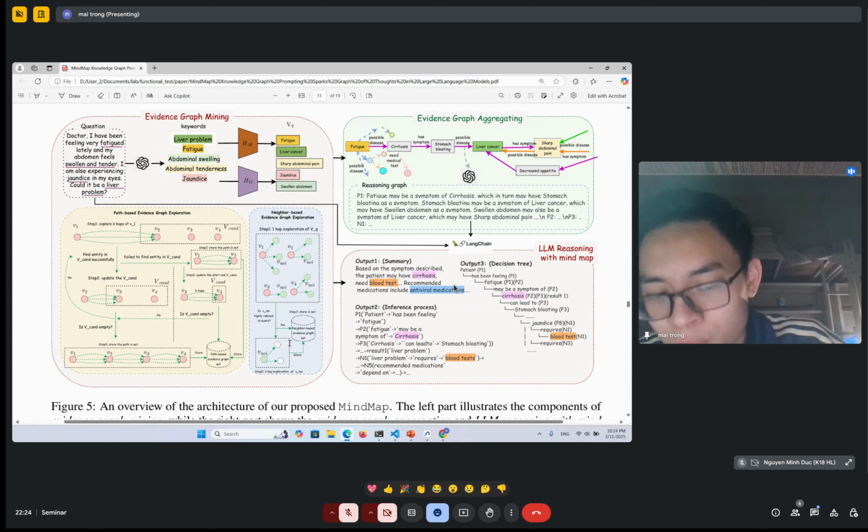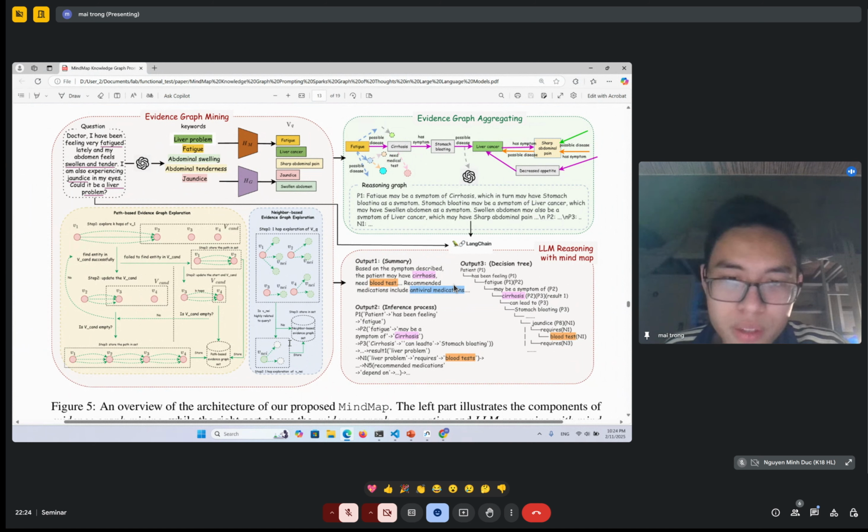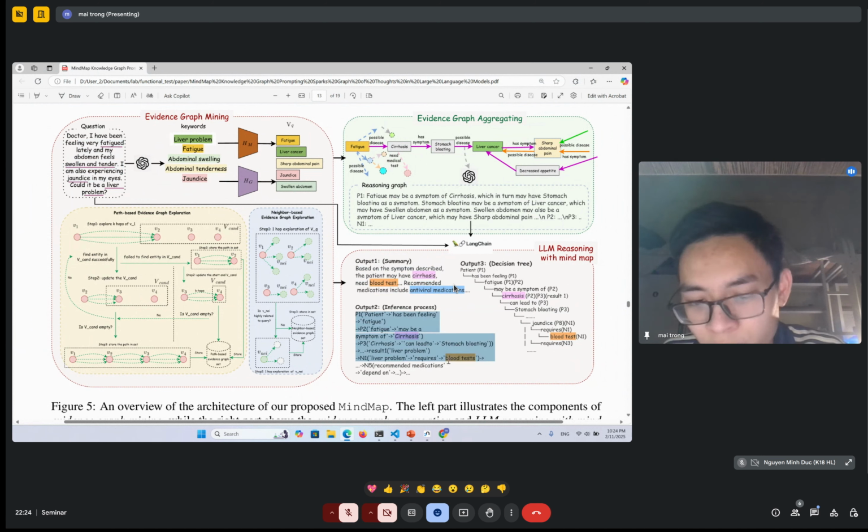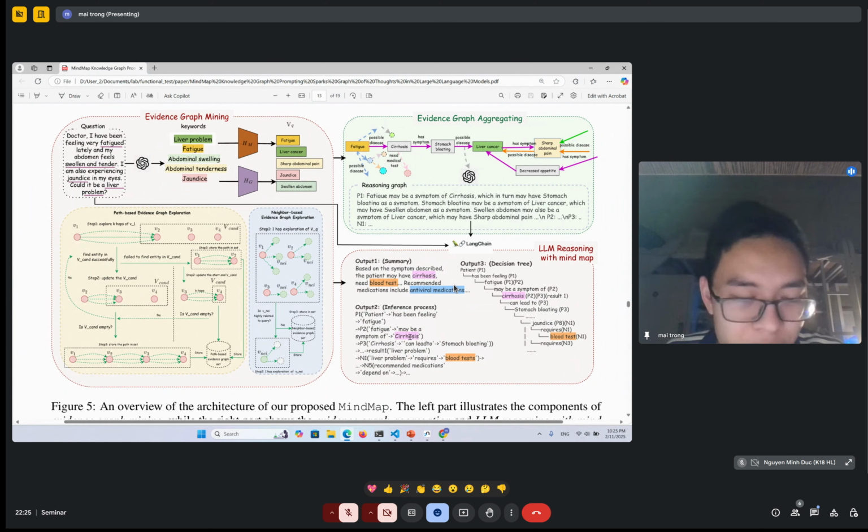When they have many subgraphs, they must combine them together to remove redundancy and to make it look neater. After they connect them together, it would look like this. This is the original input from the user query. After you query the knowledge graph, it may look like this: node, relationship, node, relationship, node.